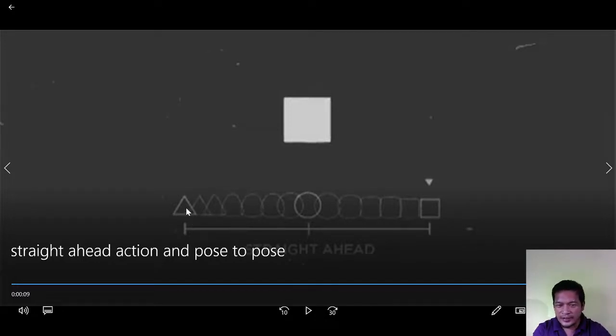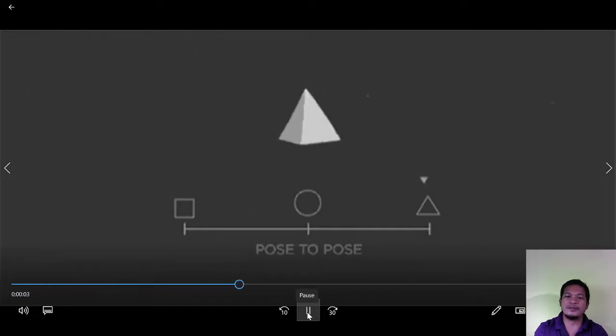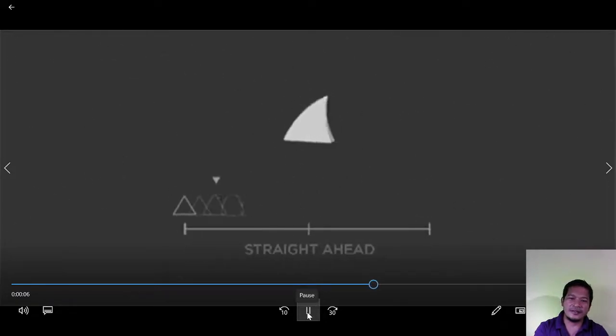So muna siya ito ang pose, straight ahead action, then mo-action siya og pose. Okay, so play, pose, okay, pose.